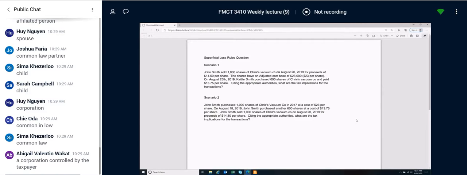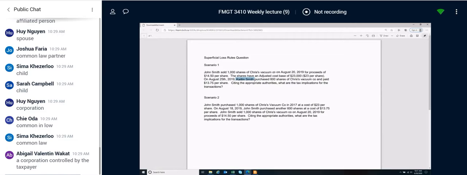So taxpayer or affiliated person. In this case, in scenario one, within that time period, it was Caitlin. Now, one of the things you can argue I should have said was I should have made it clear that that was his spouse.